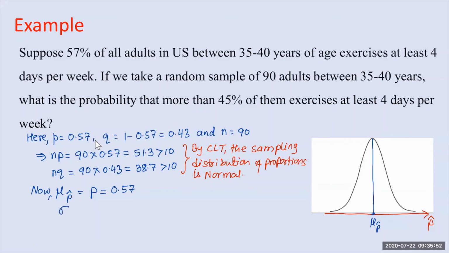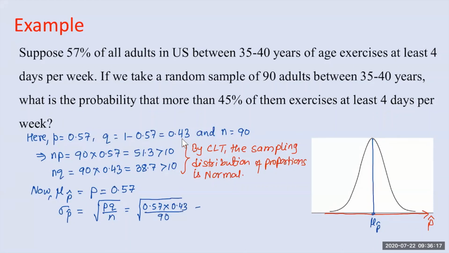Standard deviation, we write sigma sub p hat, is equal to square root of pq divided by n, which is equal to the square root of p, 0.57, times q, we have here 0.43, divided by n, the sample size, 90.